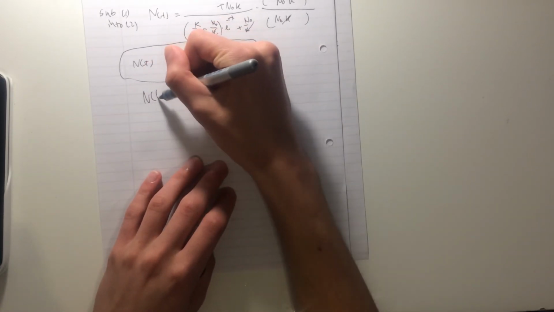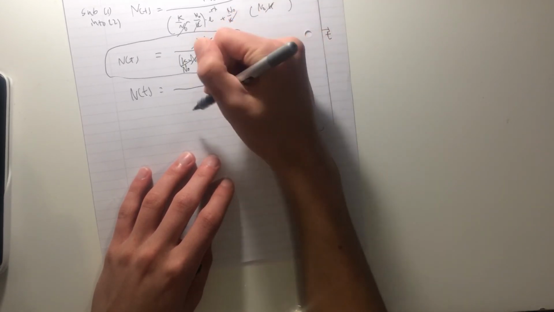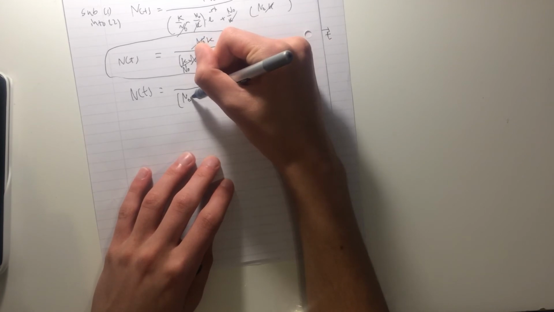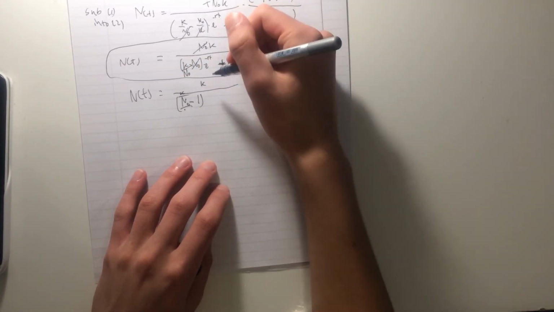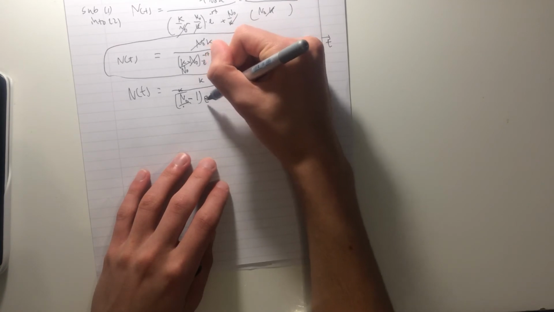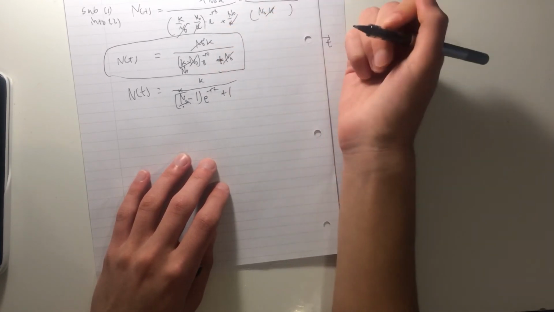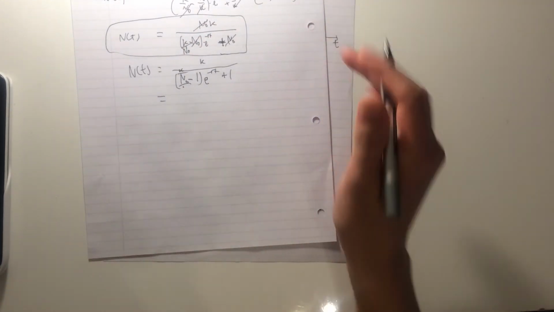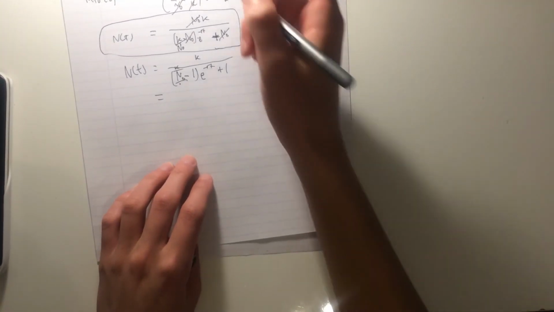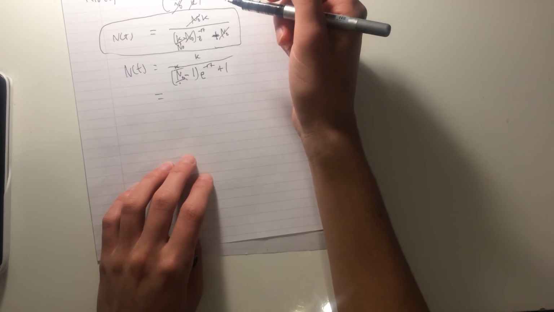Then you can say n of t equals k, some constant, divided by the initial population, minus 1, times e to the minus rt, and then plus 1. And then from here, I'm not sure if it's necessarily a better thing to do, but I personally find that if you minus it, it looks better. But I think this is good enough.